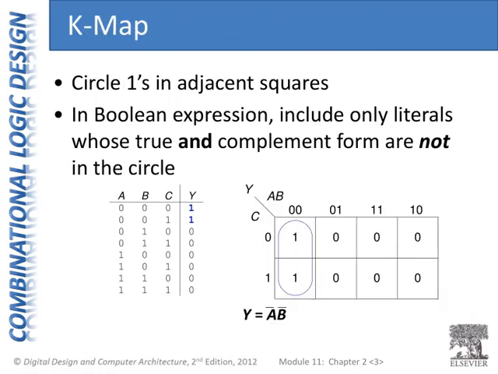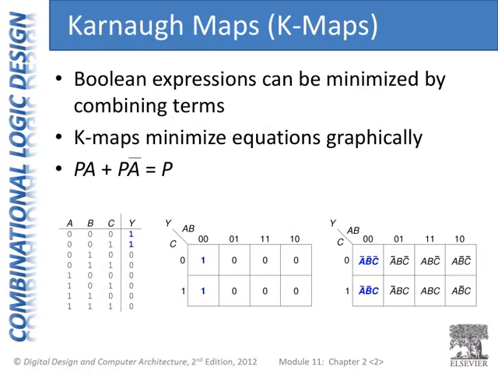And so we're going to do that. First of all, we enter the value of Y, of the function, into our K-map here. This is our K-map. So this one goes into the 0, 0, 0 box. The next one goes into the 0, 0, 1 box.